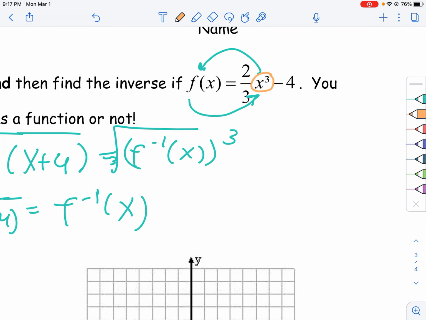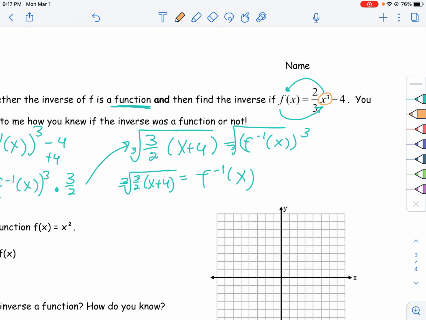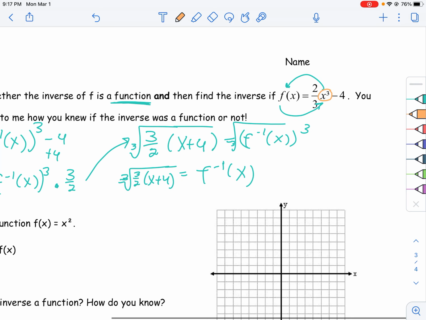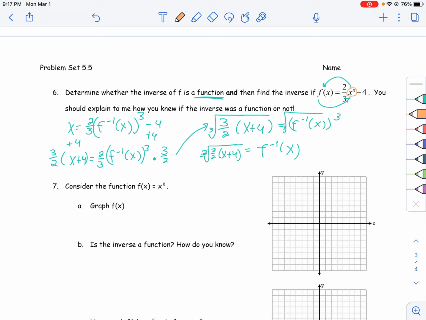So then a cubic function, actually, we don't necessarily know if a cubic function does this, because then the inverse would not be a function. So in this case, guys, I think you would need to draw the graph of 2/3 x cubed minus 4.